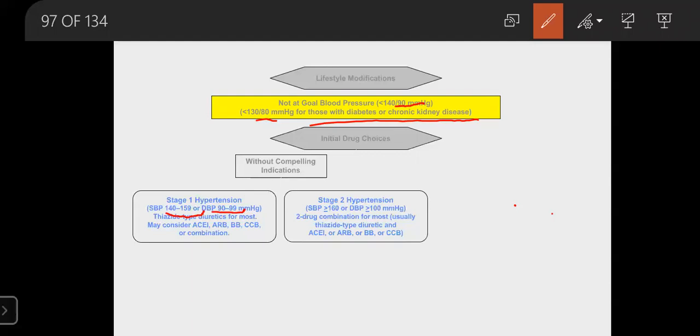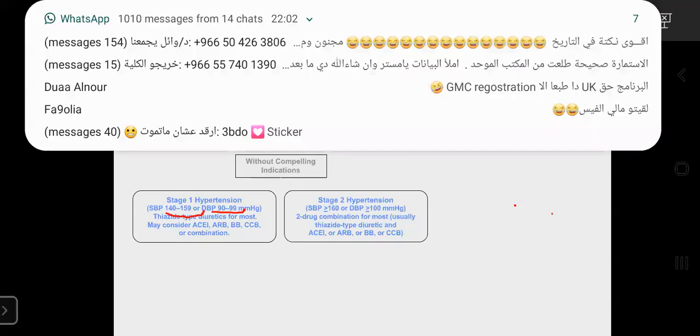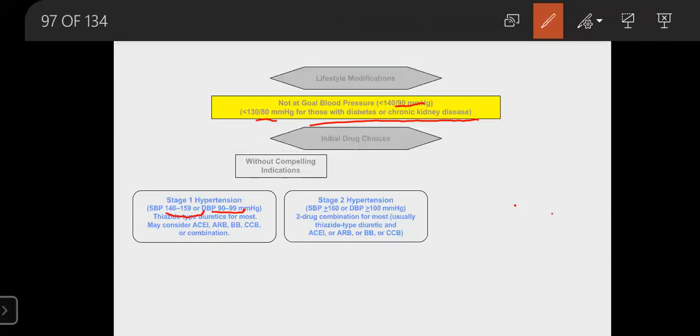The patient has no diabetes, no prostatic problem, no heart failure. So there is no compelling indication for a specific medication.